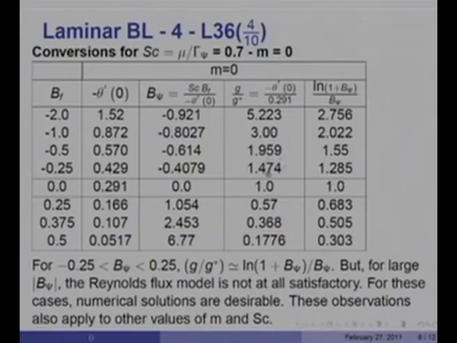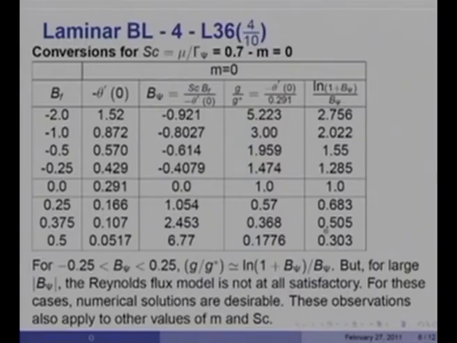But for minus 2.5 and bigger values, between say 0 and 1, perhaps these two values will come much closer to each other. Similarly, on the blowing side, 0.57 and 0.683 are reasonably close, but 0.368 and 0.5 are widely apart, and 0.1776 and 0.303 are again very widely apart.